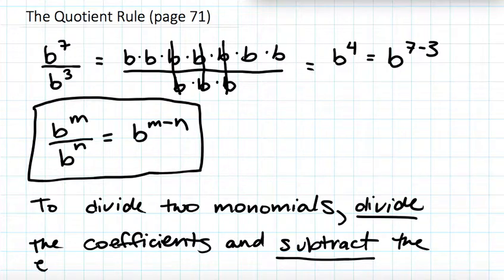And so just like with multiplication, I have different operations here depending on which numbers I'm working with. For the coefficients, I'm dividing them. For the exponents, I'm subtracting them. And it's important to keep in mind what you're doing.